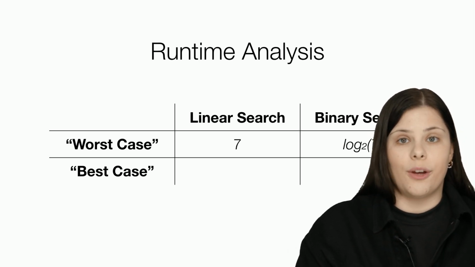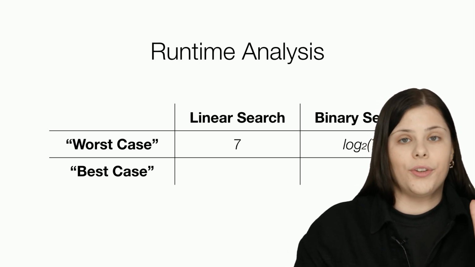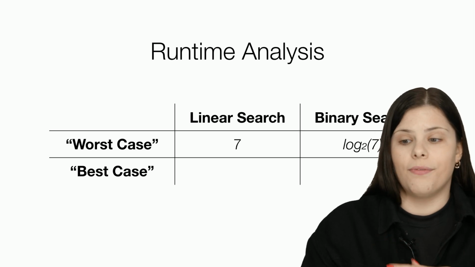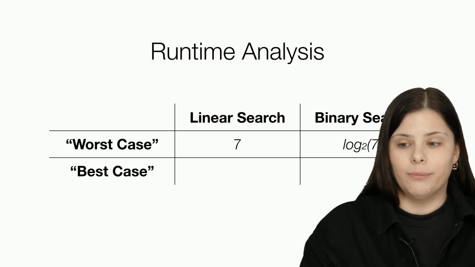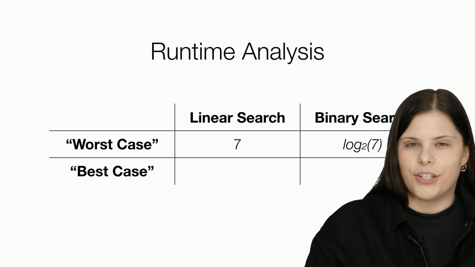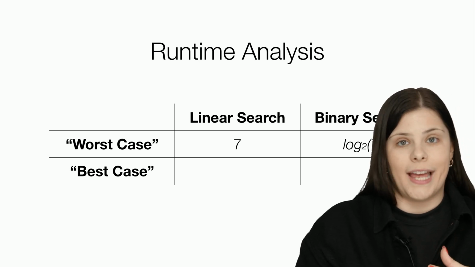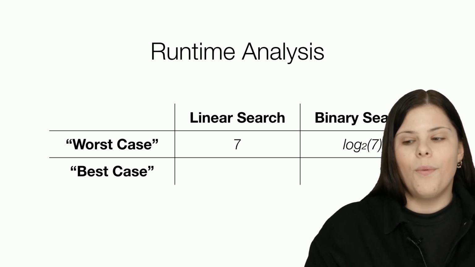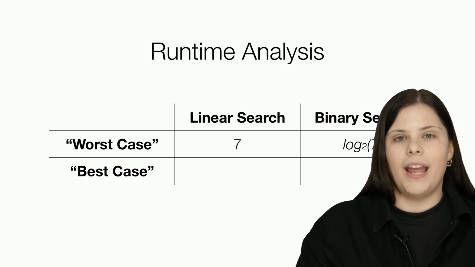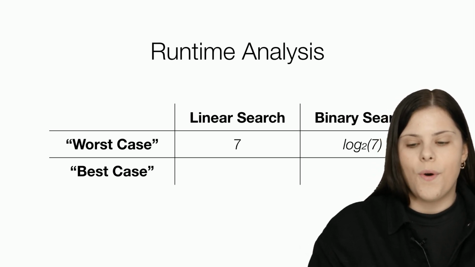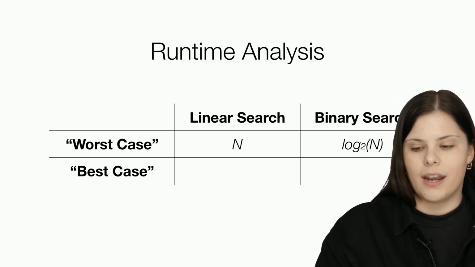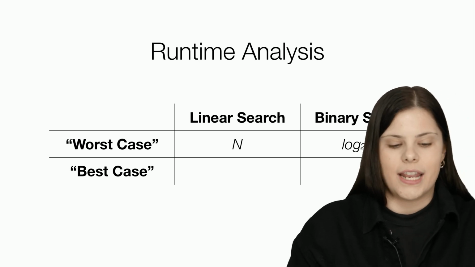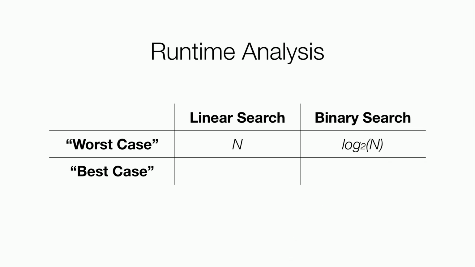In linear search, that would be 7, because we need to look through every single book until we find the very last one. In binary search, it would be log 2 of 7 because we are dividing our problem in half every time. Let's scale it up a little bit. If I had n books, what would be my worst case scenario then? For linear search, it would be n, and for binary search, it would be log 2 of n.